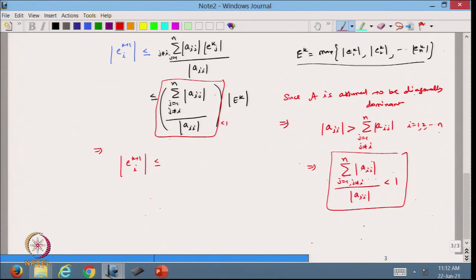So, I can write that this is equal to |E^k|. Now, this is the maximum error at the kth step, and the error at the k plus 1 step in each of the x_i is less than this one. Which implies that the method is going to converge.